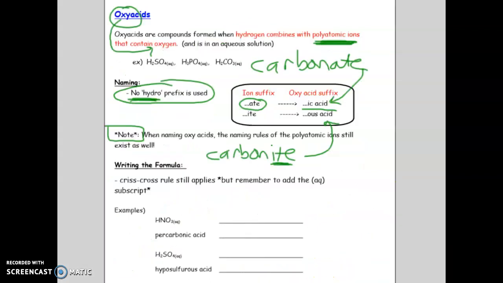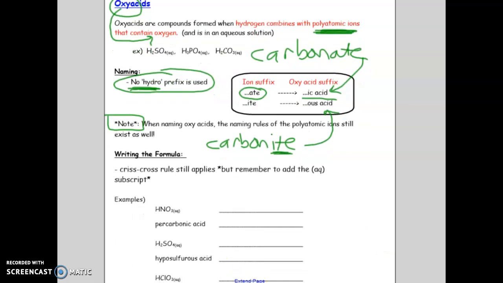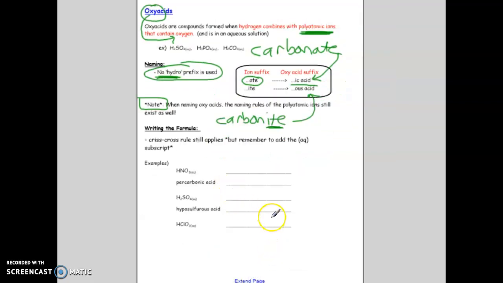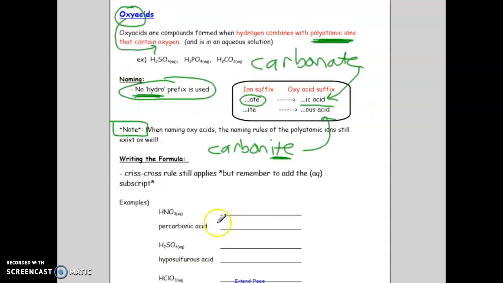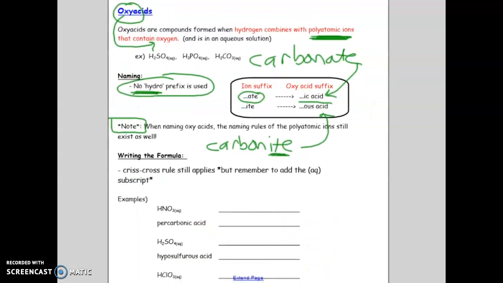Okay, so let's go back. When you're doing your polyatomic ion and you're looking at it as an acid, remember, you're still going to see the little (aq). You need the (aq) there. You're changing the name depending on the ending of the ion. So there are some examples here. I'll move this up. They're kind of tiny. Okay, so hopefully you can see these here.